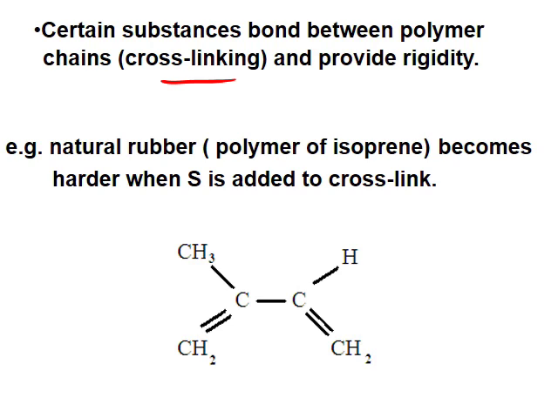Natural rubber is a polymer of isoprene and becomes harder when sulfur is added to cross-link. So sulfur basically acts like a bridge holding more than one polymer structure together.